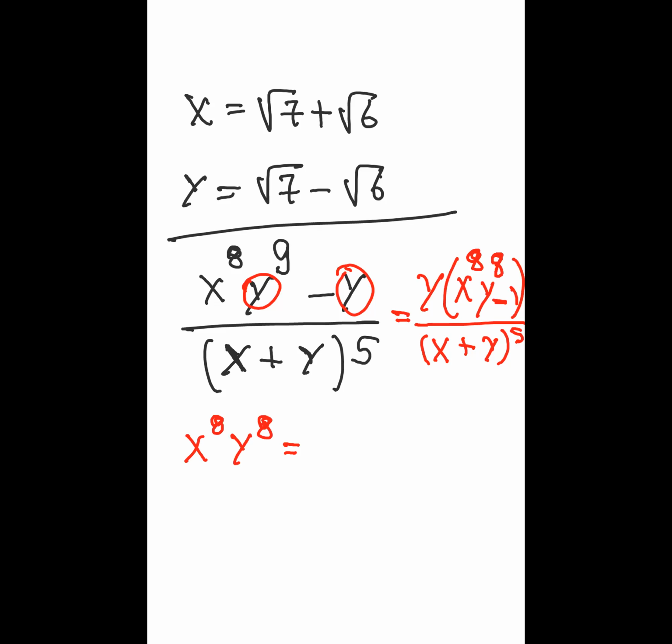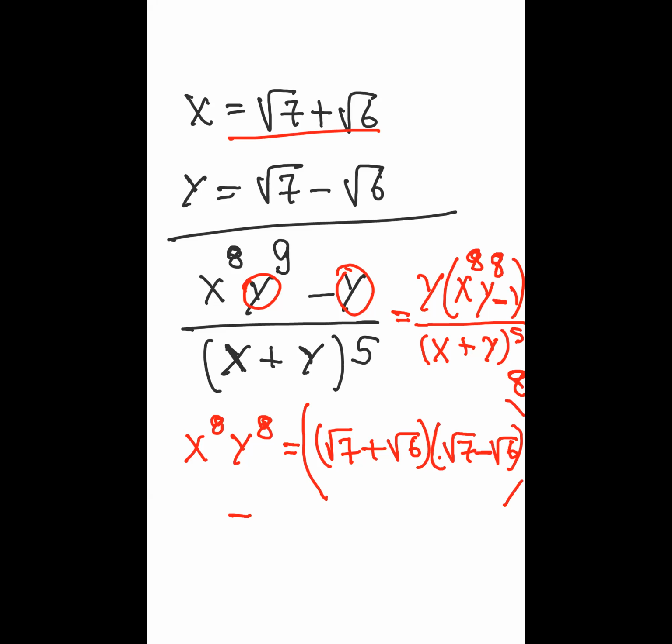It will equal, this is x, so square root of 7 plus square root of 6, times square root of 7 minus square root of 6, all these terms at the power of 8.